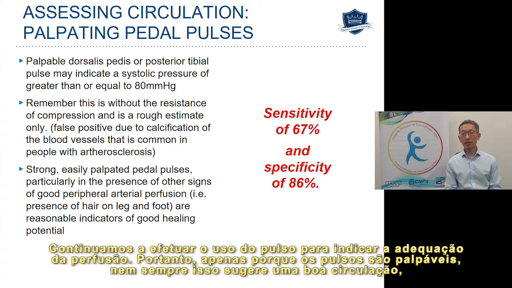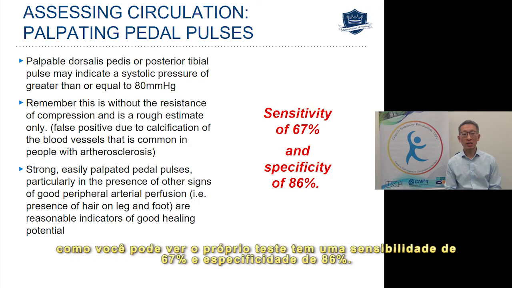We continue to advocate the use of pulses to indicate the adequacy of perfusion. Just because the pulses are palpable does not always mean there is good circulation. As you can see, the test itself has a sensitivity of 67% and a specificity of 86%.